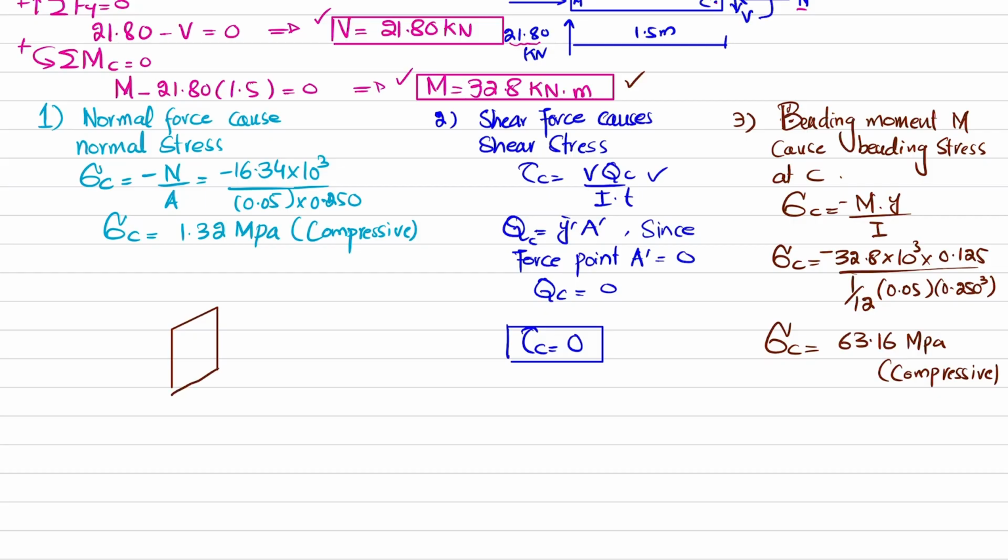Now for case 1, if you want to draw the stress distribution, let me draw it. This is the cross section. For example, if this is the portion of the beam, okay. Now this is your point C. So at point C, due to normal force, the normal force will be like this one. So the stress distribution will be like this.